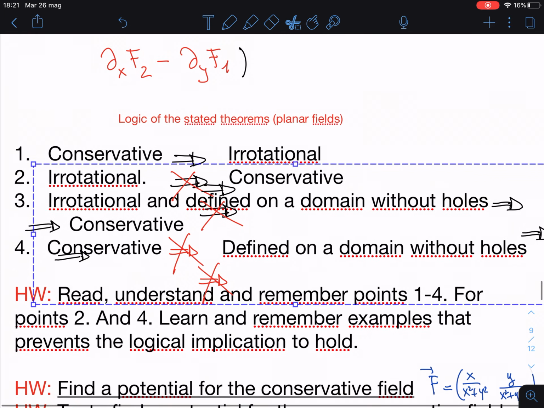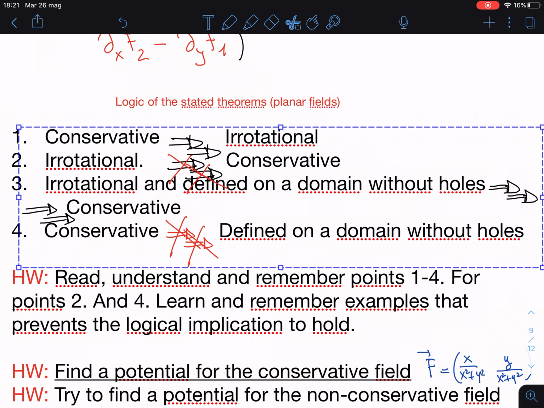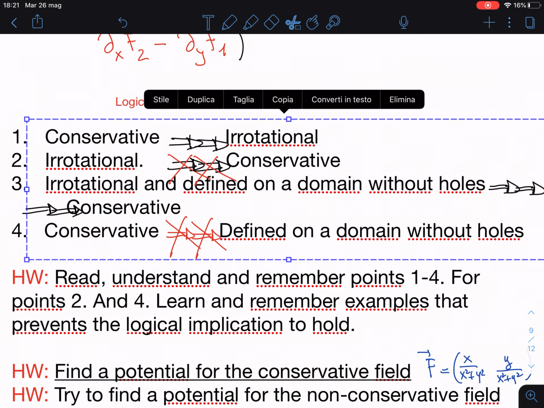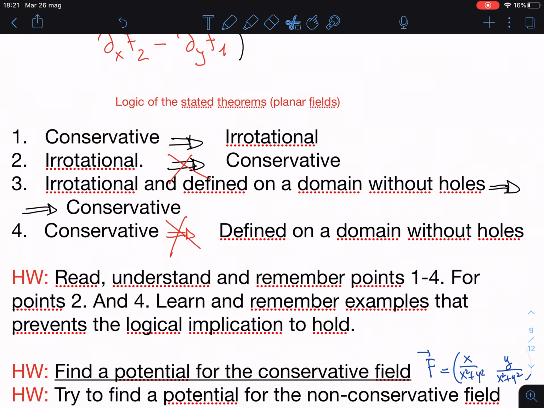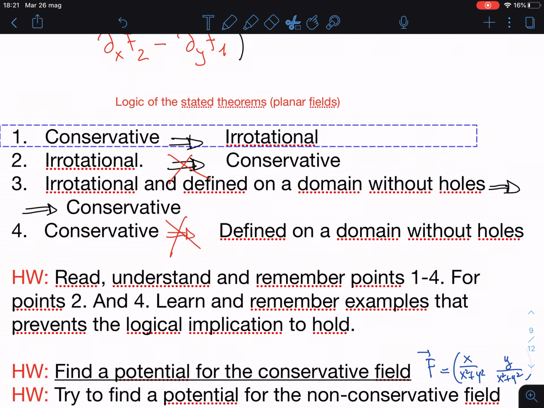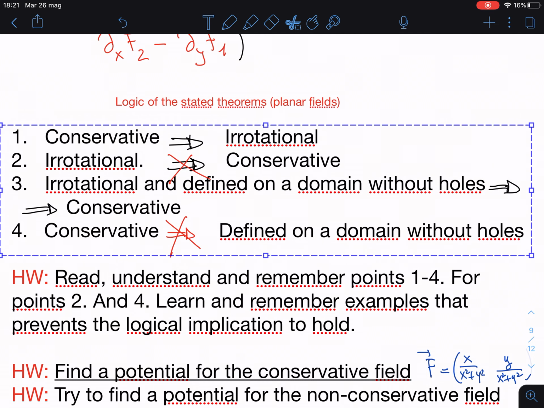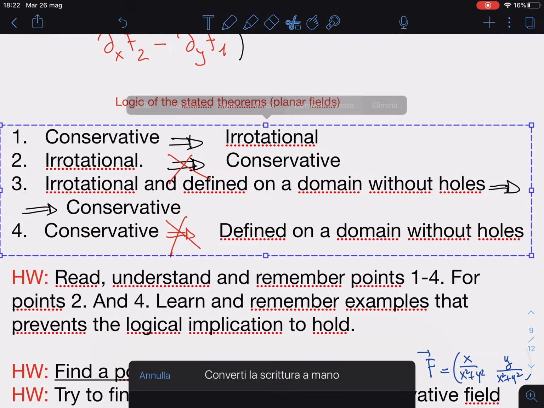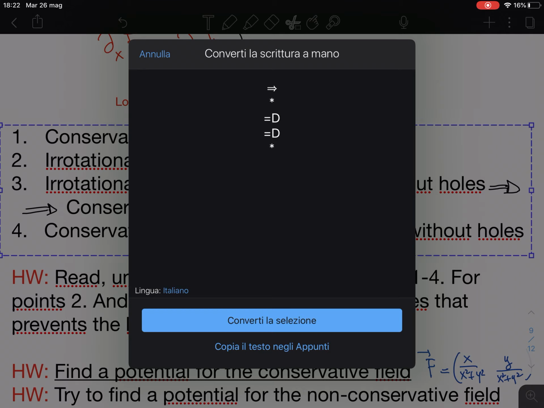Oh no. Again, eliminate. How can I copy? Copy as a picture probably, or convert in text. Let me try to convert in text.